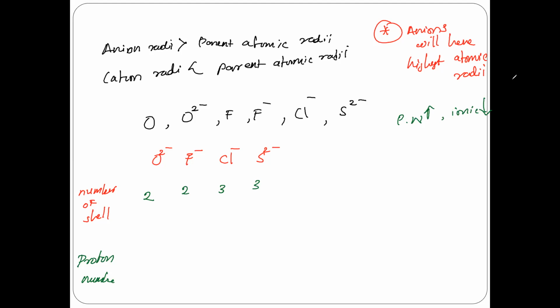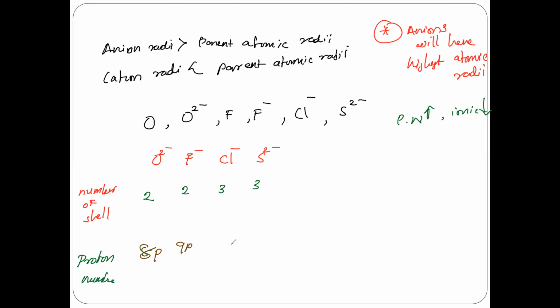According to that, take your O2 minus and F minus. What is the proton number for oxygen? 8. What is the proton number of fluorine? It's 9.